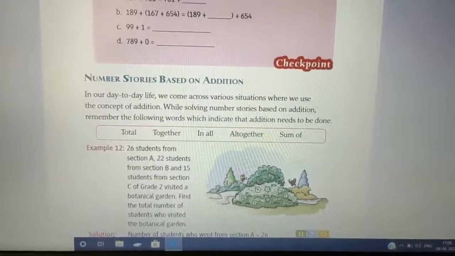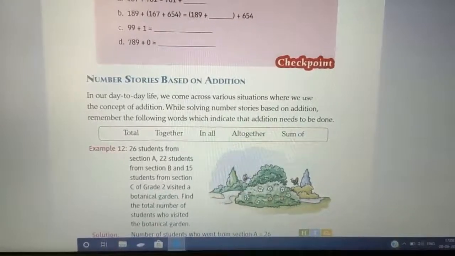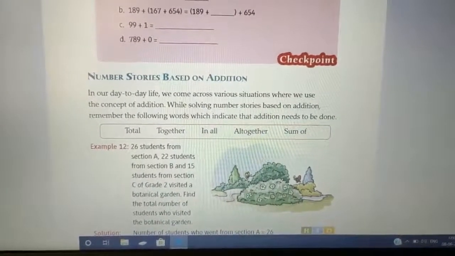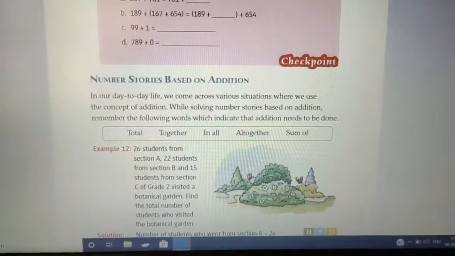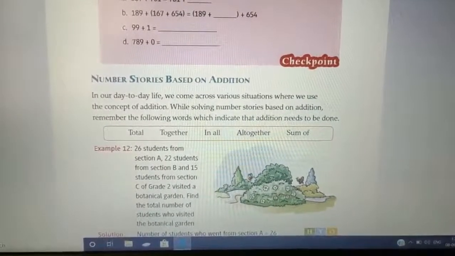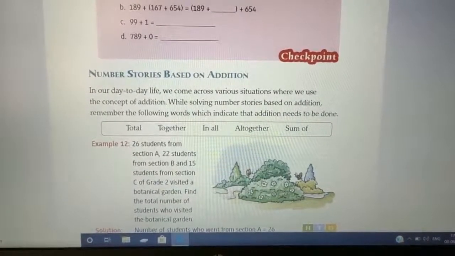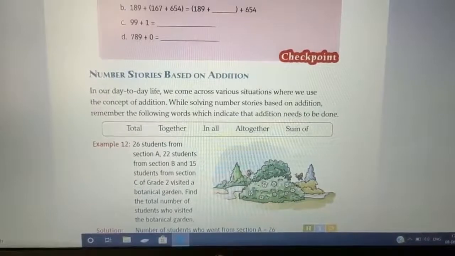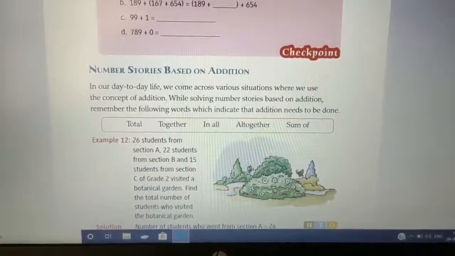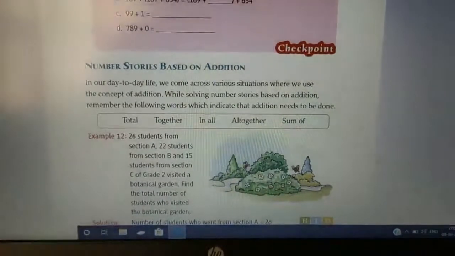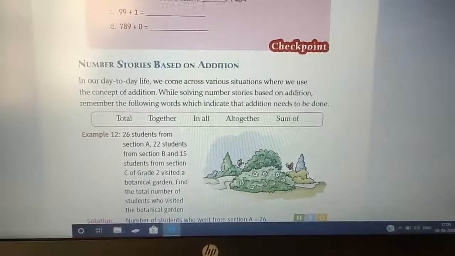Here you can see the words total, together, in all, and sum of. The meaning of all these words is the same, which is known as addition or plus.